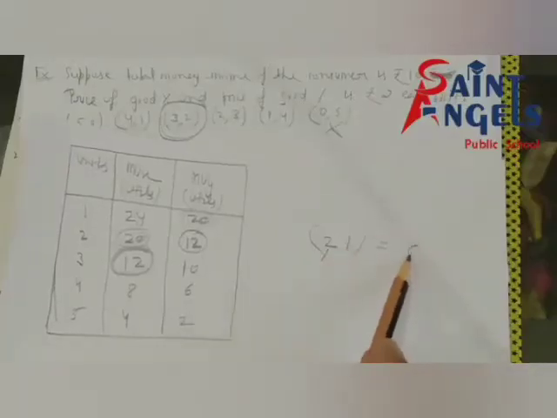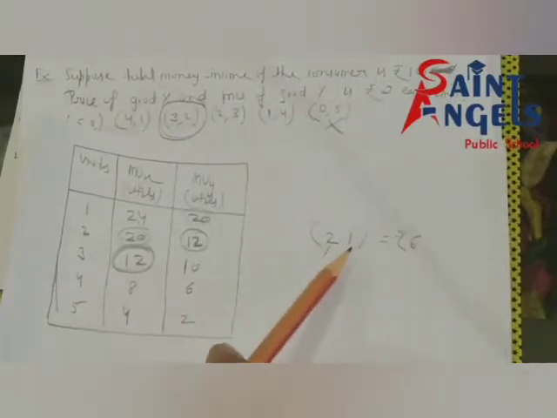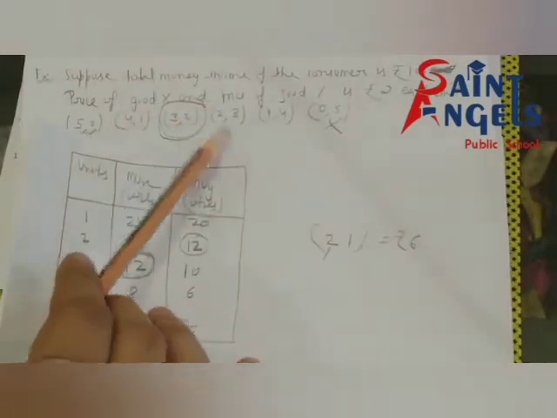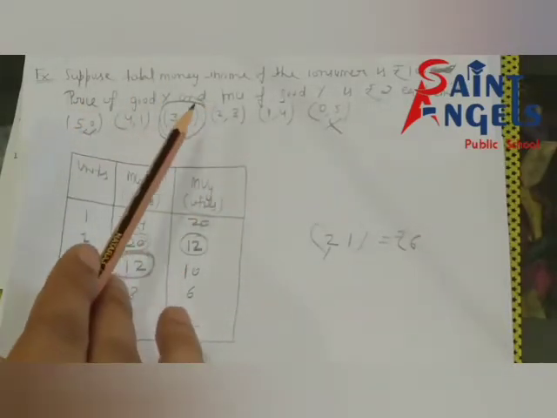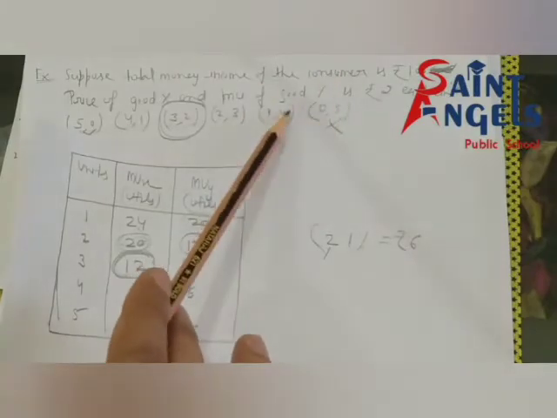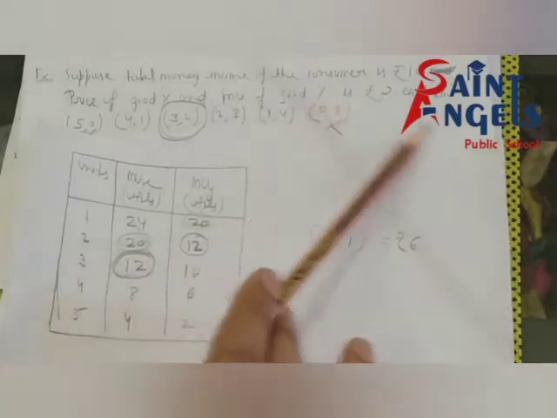And 2 6 means this combination is showing that I'm spending here only rupees 6. But there is a compulsory rule to spend the entire money, the entire money should be spent.